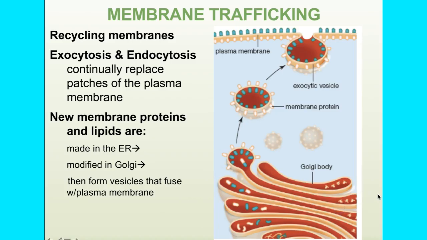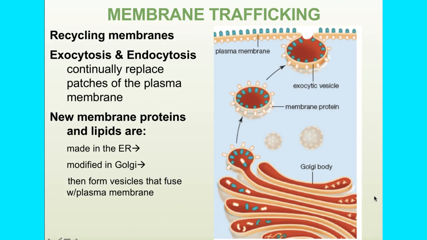And what is it actually doing here in the actual membrane itself? Why do we have endocytosis and exocytosis occurring in the plasma membrane along with all these other transfers of materials across diffusion, osmosis, facilitated diffusion, all this stuff? What's happening is we're able to recycle the plasma membrane contents and continually replace patches of the plasma membrane as needed.